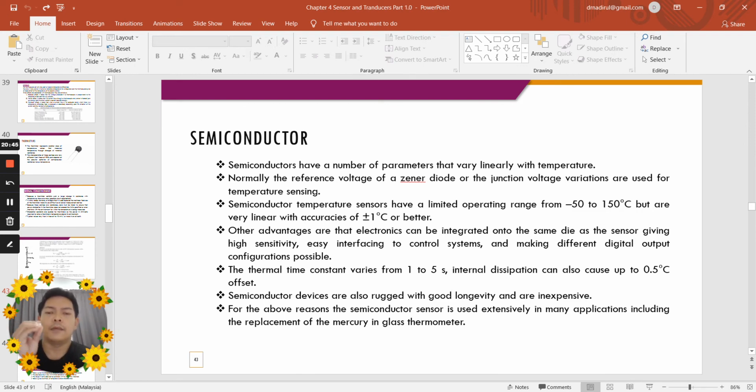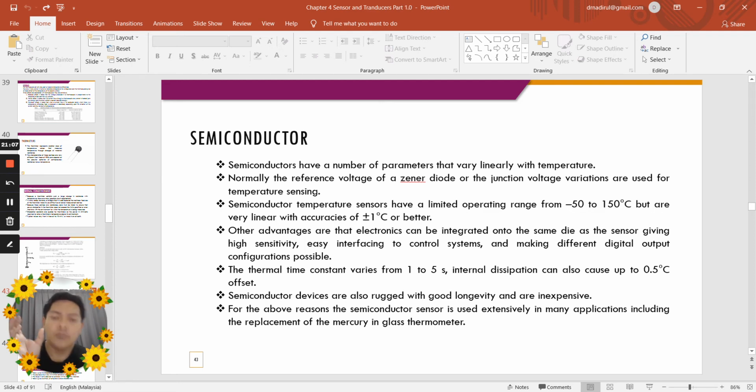The thermal time constant varies from 1 to 5 seconds. Internal dissipation can also cause up to 0.5 degrees Celsius offset. These devices are also rugged, with long life, and are inexpensive. So this type of temperature sensor is very capable and very durable.